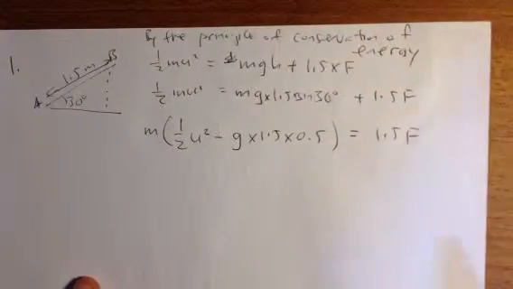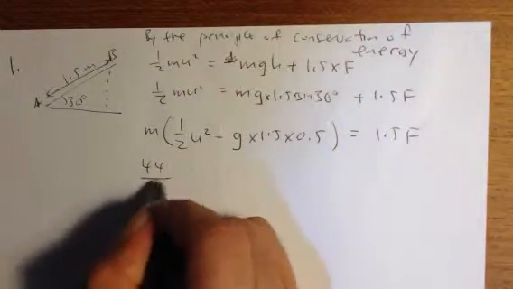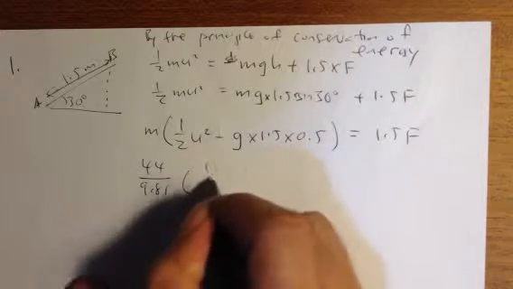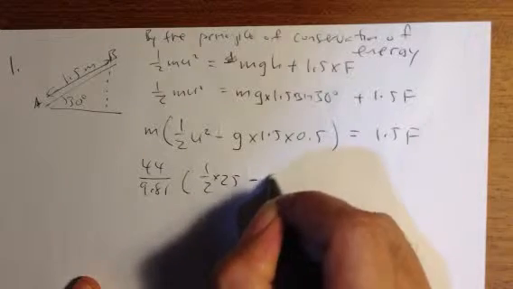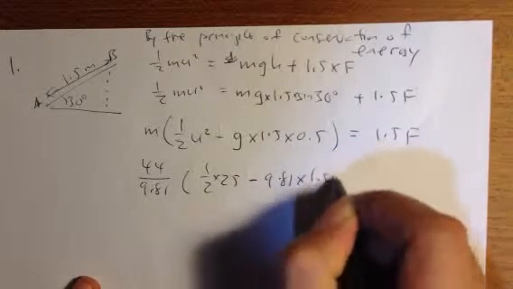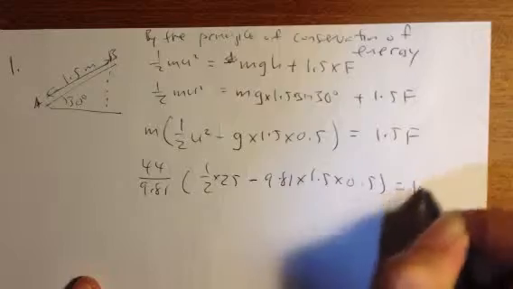If you look, m is equal to 44 divided by 9.81. So F equals 25 u square minus 9.81 multiplied by 1.5 multiplied by 0.5.